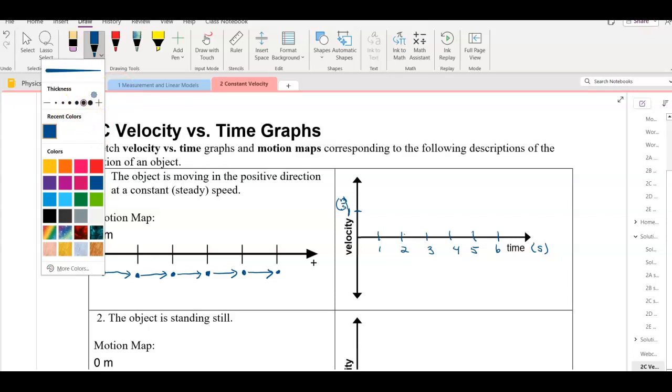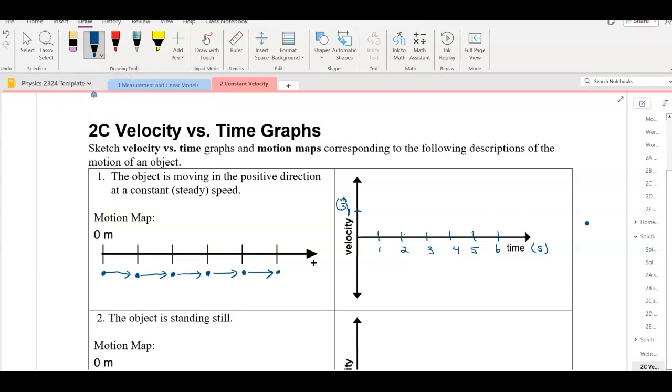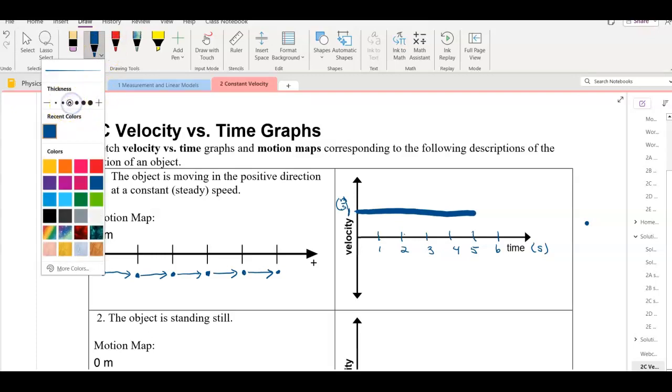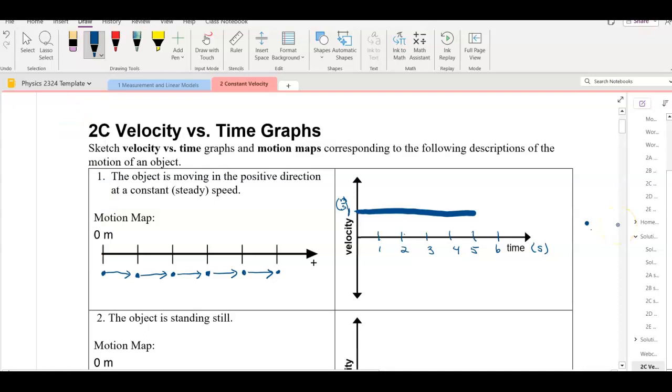And that velocity of 1 occurs for 5 seconds. So my velocity versus time graph ends up being a horizontal line that is at a value of 1 meter per second, and it goes for 5 seconds. Okay, let's go to the next one.